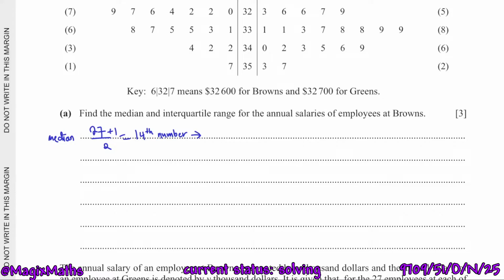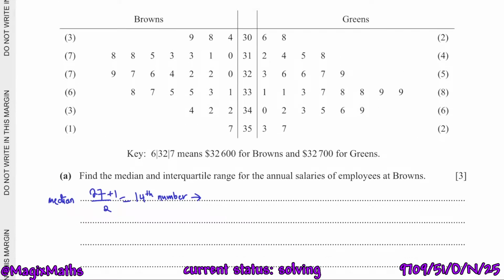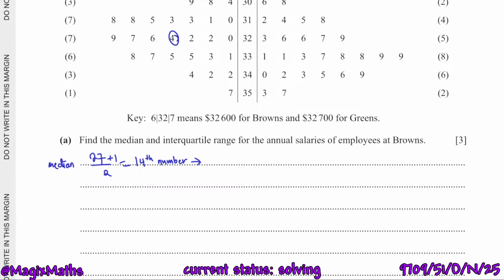So that should be 1, 2, 3, 4, 5, 6, 7, 11, 12, 13, 14. So this is the median. We have 3, 2, 4, 0, 0.